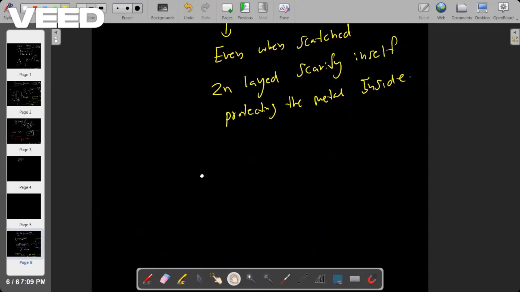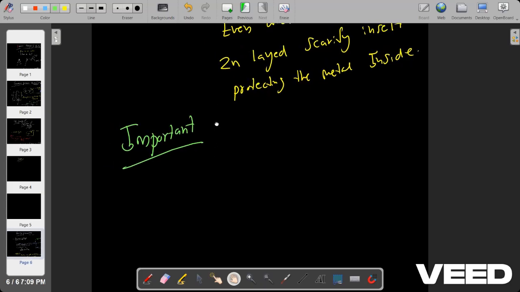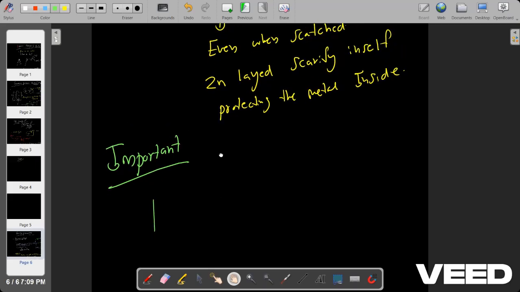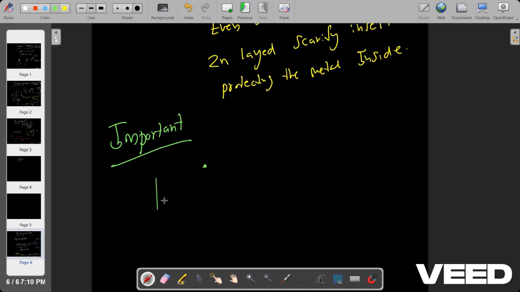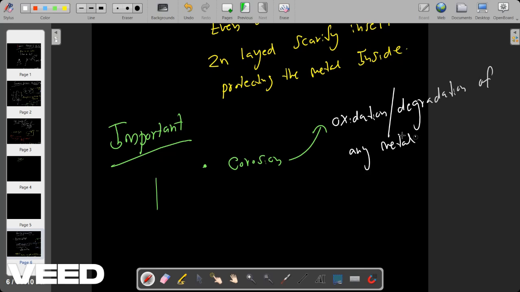Now here I need to tell you something important. Corrosion means oxidation or degradation of any metal.